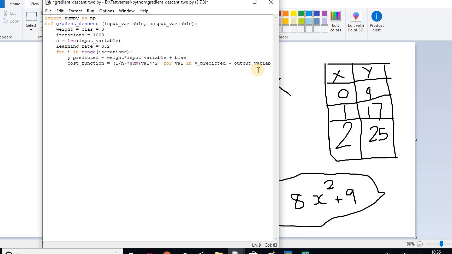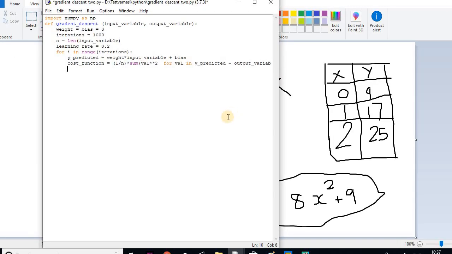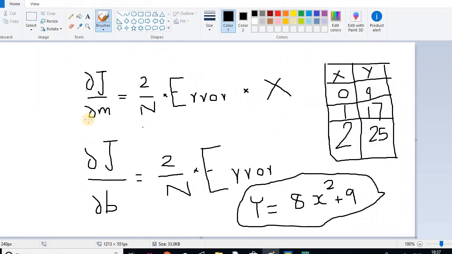Now we need the partial derivatives. One is for the weight and another one is for the bias. You can write it the same way. This one for the weight is dou J by dou m, and dou J by dou c for the bias.